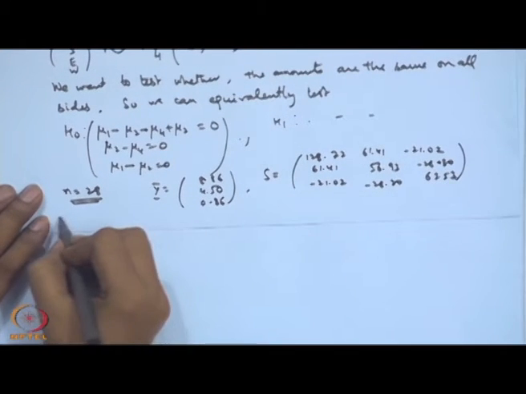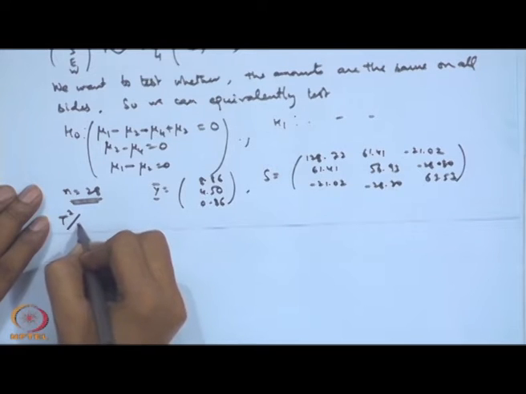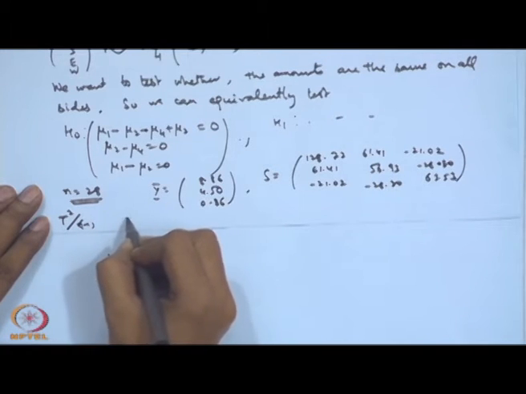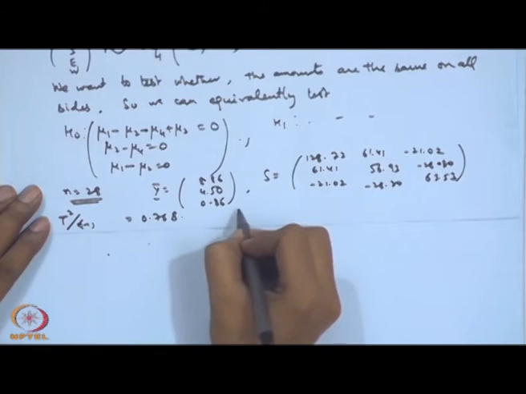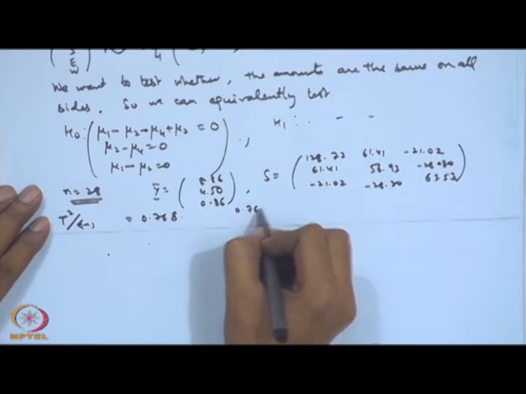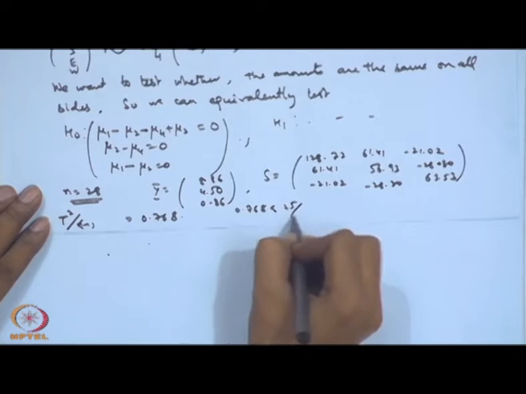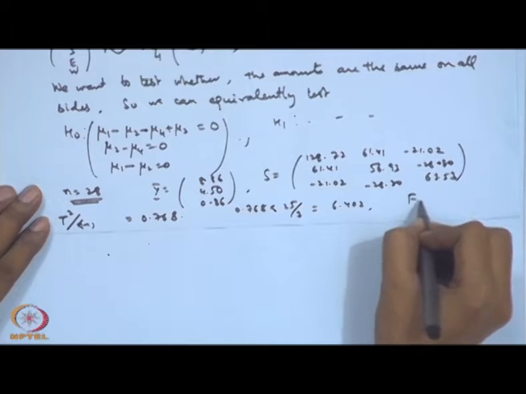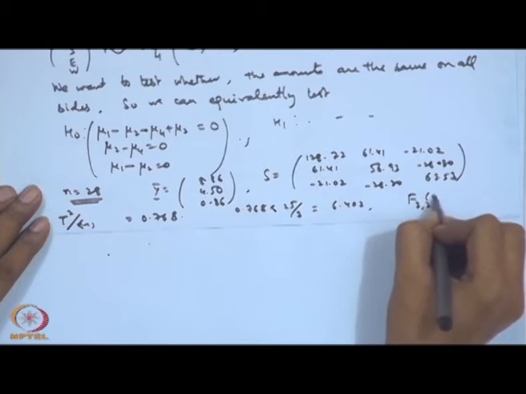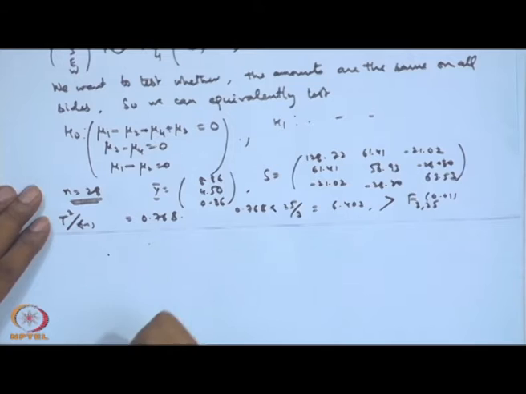So, if we calculate the t square value divided by n minus 1, that turns out to be 0.768, and if I compare it to the F value, multiplied by 25 by 3, that is 6.402, and if I consider F value on 3, 25 degrees of freedom at 0.01, then this is more than this.